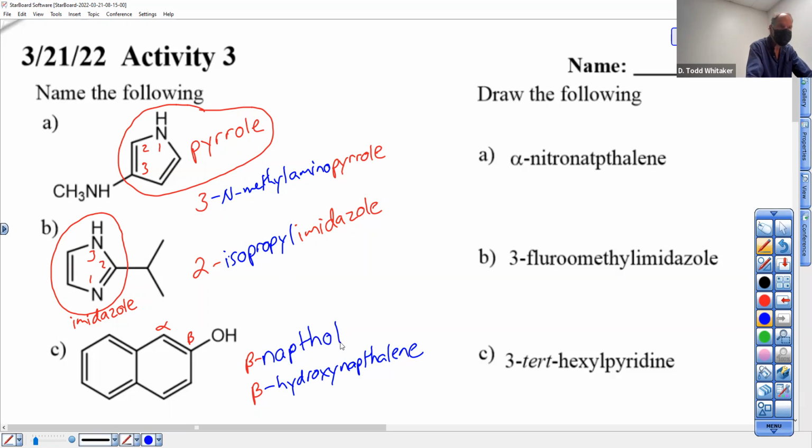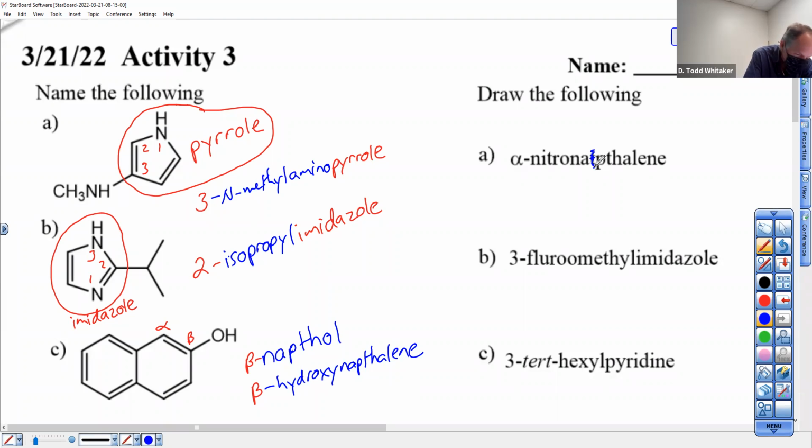Naphthalene becomes naphthol. Sorry about that. Then I have another typo. There's no T there. Alpha-nitronaphthalene.